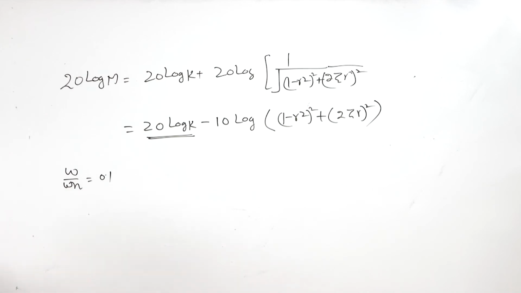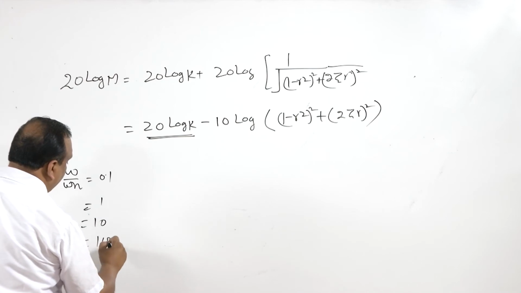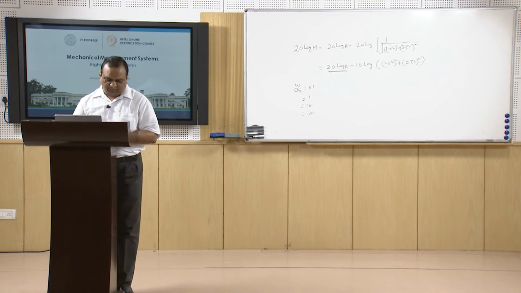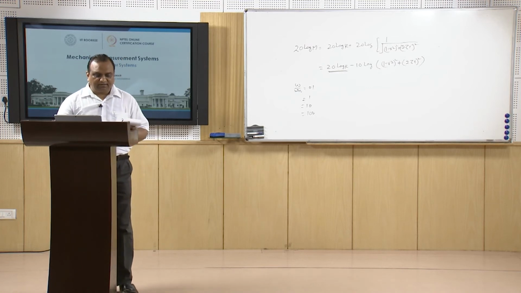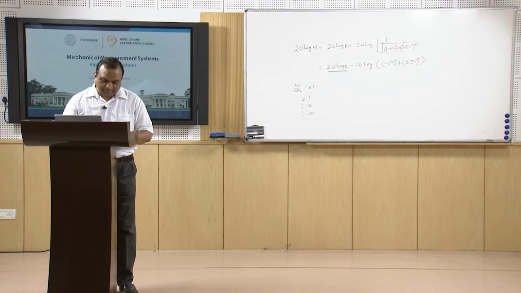Right, and then we can go for 1, then 10, and then 100, like this. And if we keep on putting these values in this equation, we will find that there is a change in the decibel value of m. That is one thing.